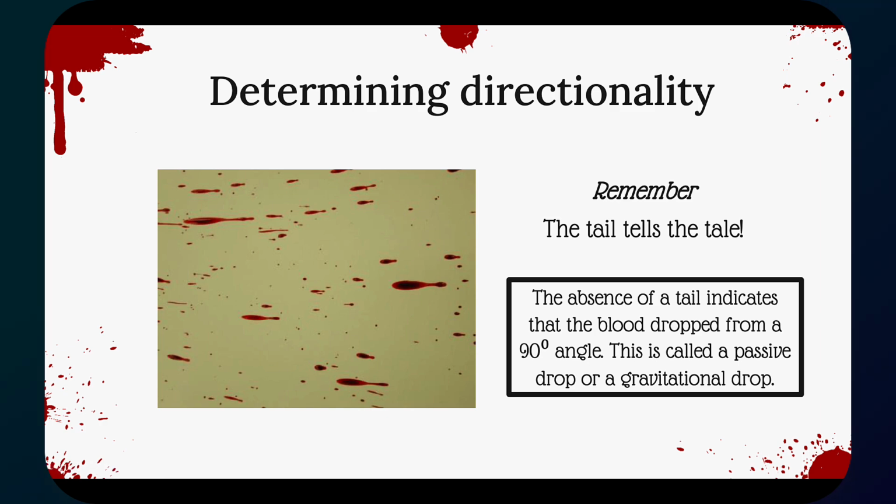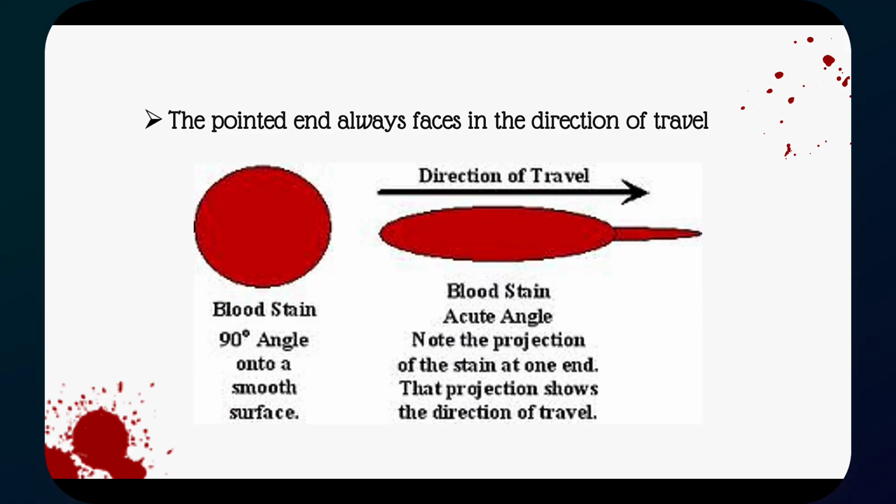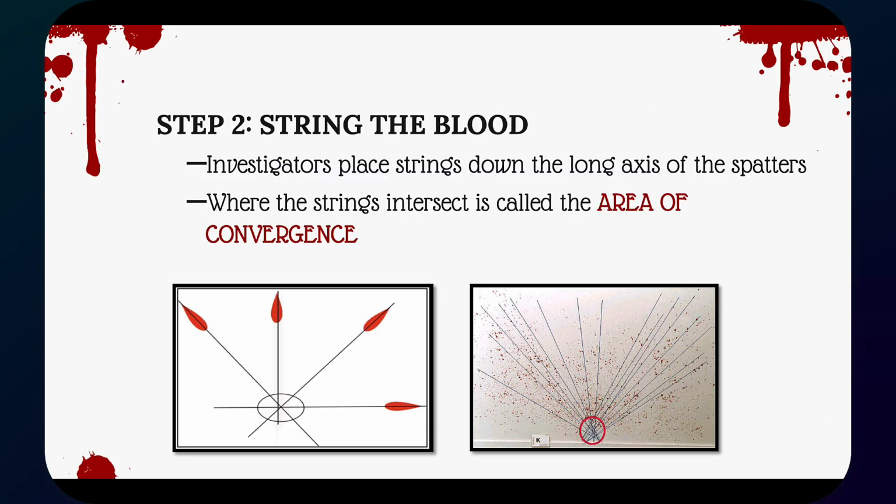Like it says here, the absence of a tail indicates that the blood is dropped from a 90-degree angle, and that's a passive drop or a gravitational drop. Again, the pointed end always faces in the direction of travel. Here's that 90-degree stain. Here's one that had directionality. Some more examples. Our next step is to string the blood.